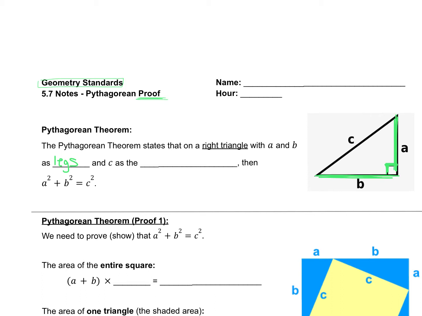That could be 4 inches and 5 inches. That could be 200 inches and 300 inches. It doesn't matter. They are just going to be different numbers. Okay, C as the hypotenuse.